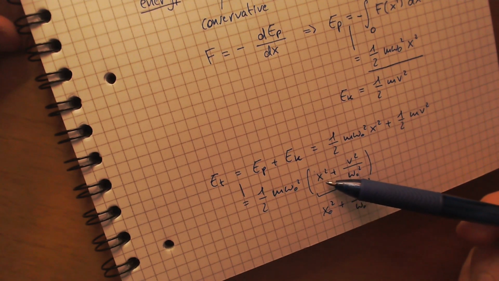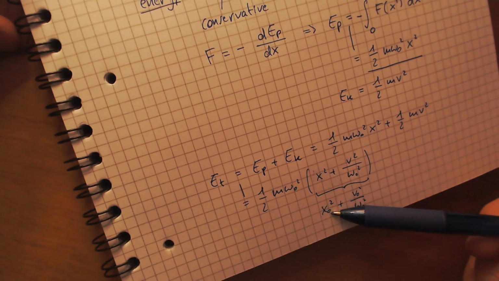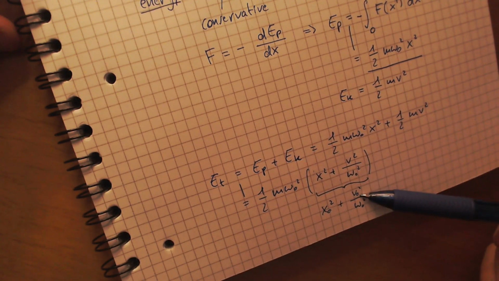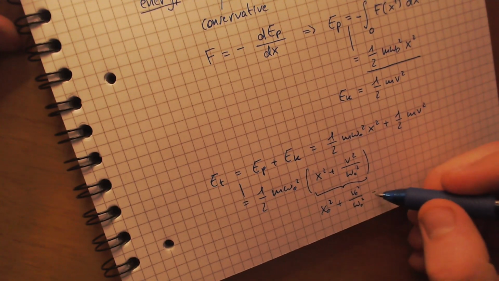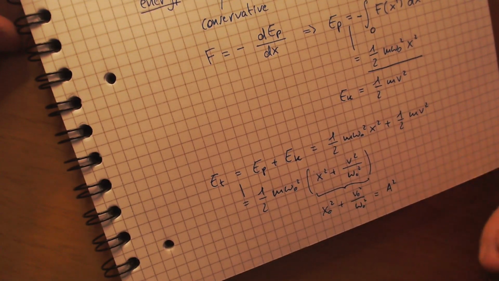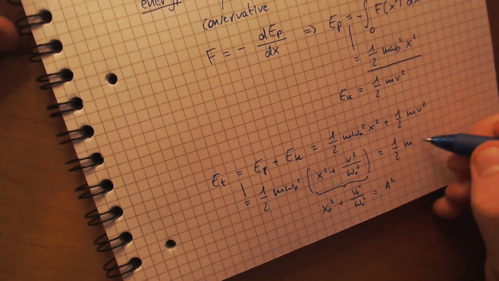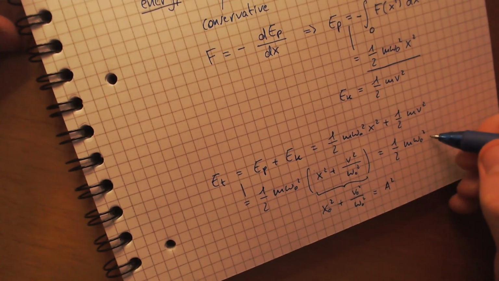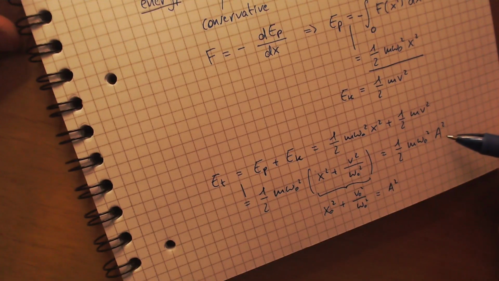So here we can substitute x with x0 and v with v0, but this is the expression of the amplitude squared. So that means that the total energy can be written as a function of the amplitude of the solution, basically.